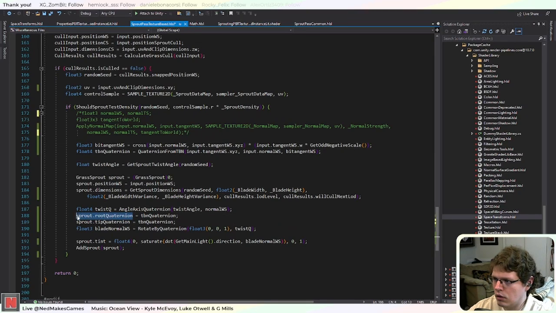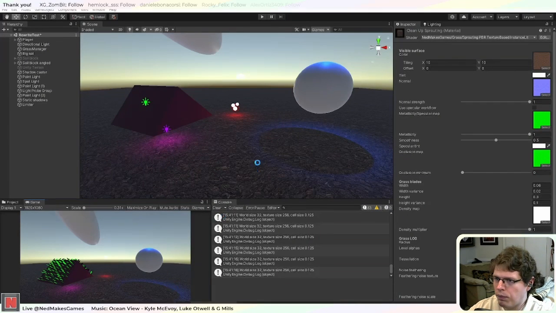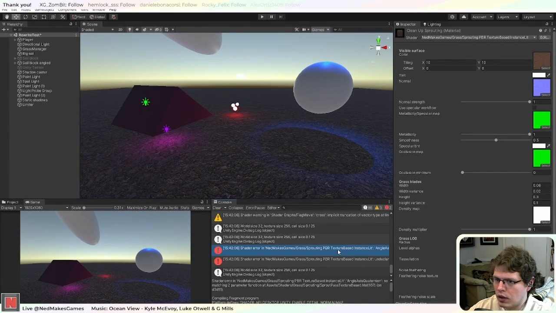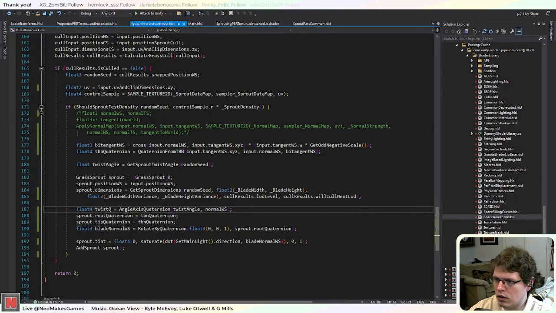Okay, so to fix that error, let's just do this. Yeah, because there's no normal. I don't know why it didn't throw that before. Okay, look, actually, modify tangent.